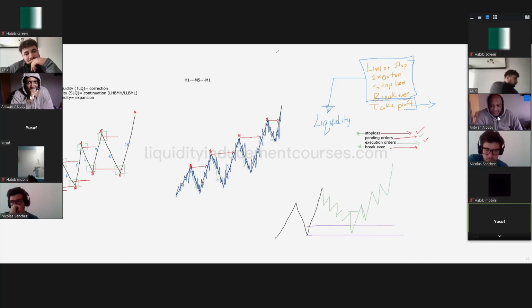So you see, in the process of waiting for BOS and then the retest, what do you have here? You have this low and you have this low. In this case, you have this low as the last low and this low as the main low.